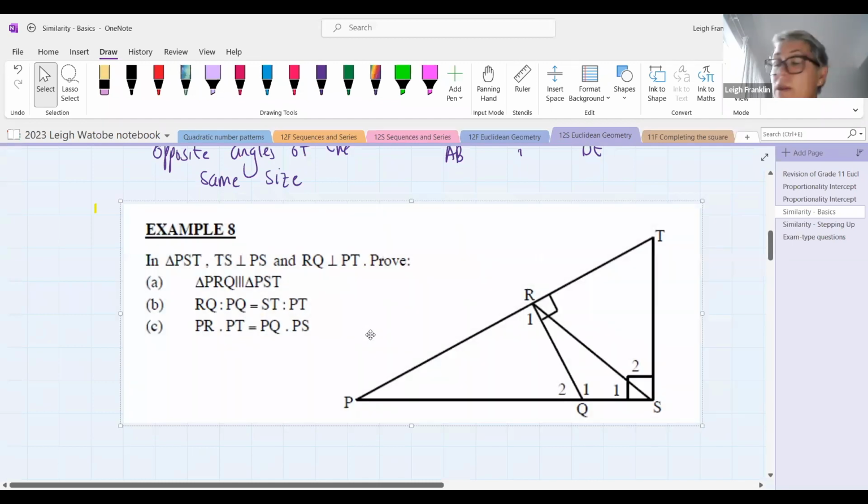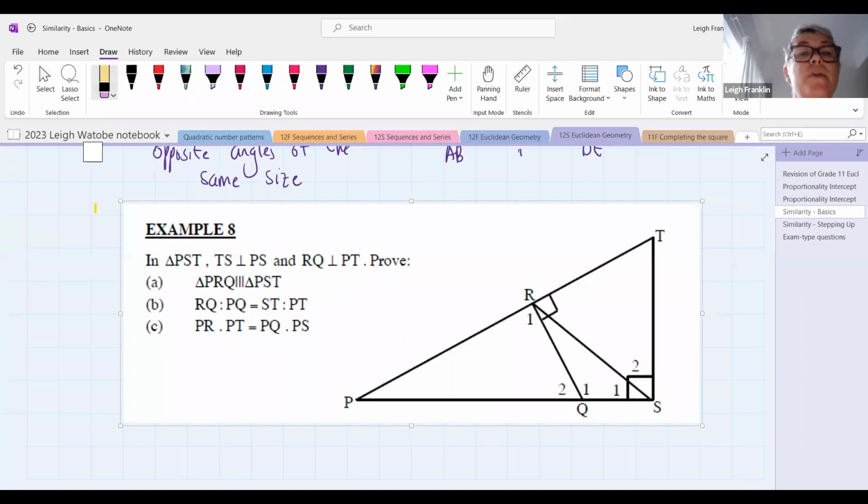Now when you are working with similarity, the easiest thing that they can do is an example like this, where they tell you which triangles you need to prove are similar. Lebogang, I see you've raised a hand. You're welcome to unmute and ask a question before I continue.